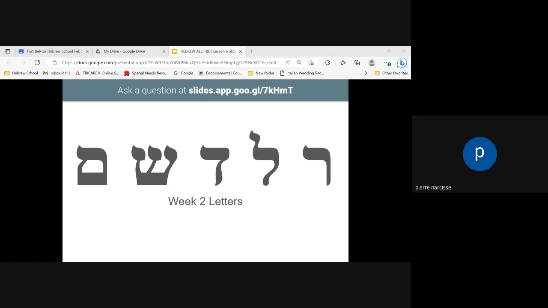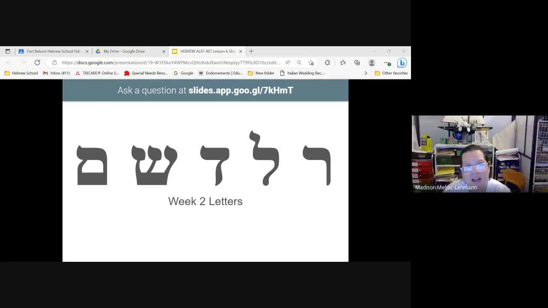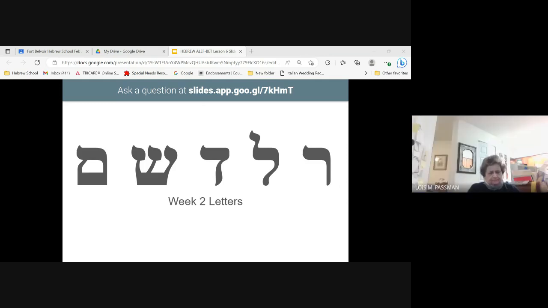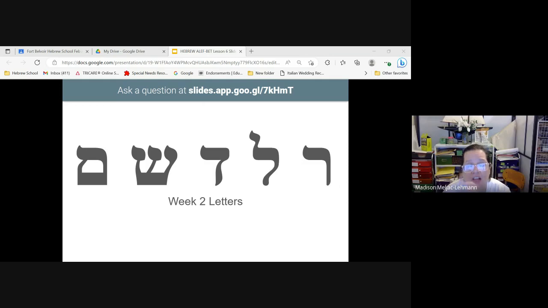Shin. Yeah, absolutely. Okay. And the last letter is final mem. So what does the dot do? The dot tells you whether it's a sin, just a straight S, or whether it's a SH sound.